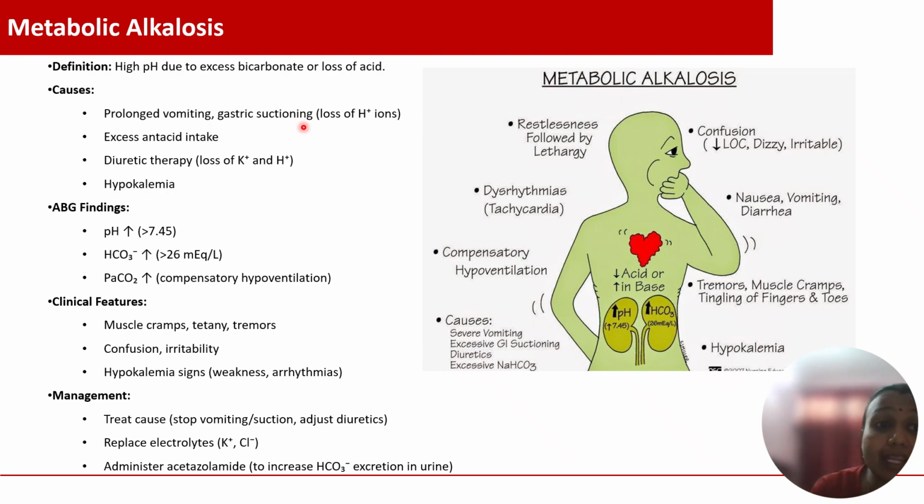Okay, so the main causes for this are prolonged vomiting and gastric suctioning. During gastric suctioning, too much loss of hydrogen ions will lead to what? Acid decreases. Okay, loss of H plus ions, so acid will decrease. At that time, the blood becomes alkaline. And excess antacid intake.